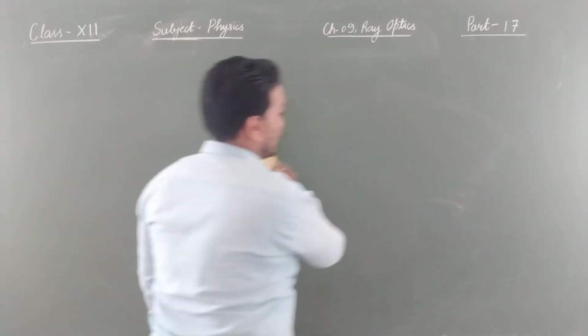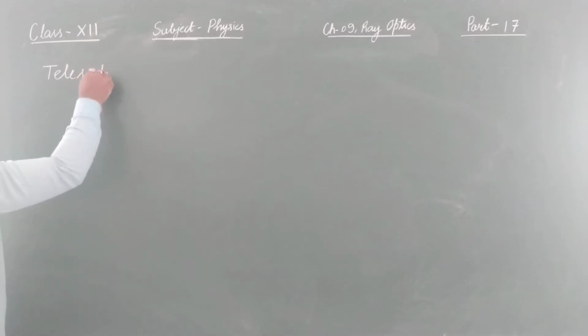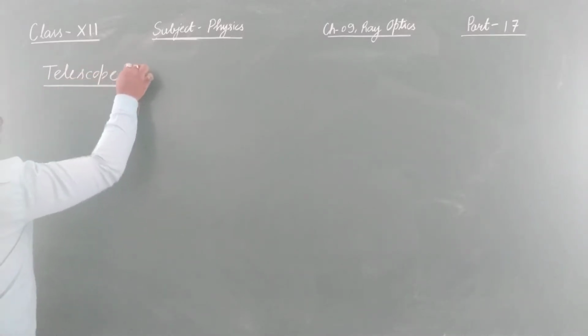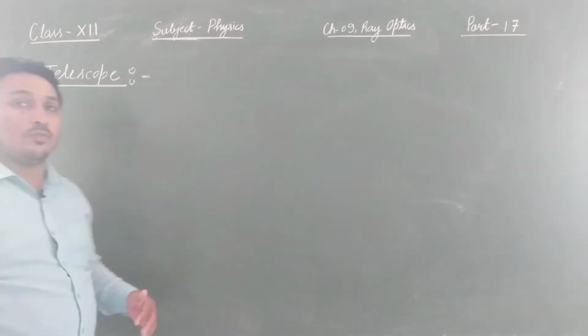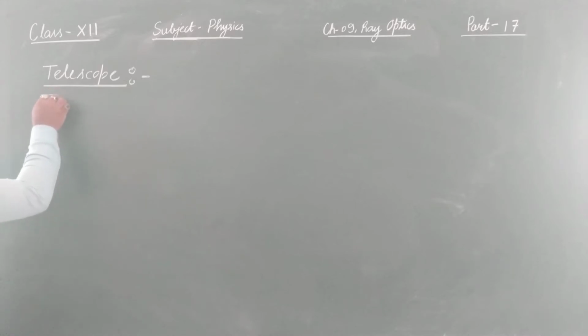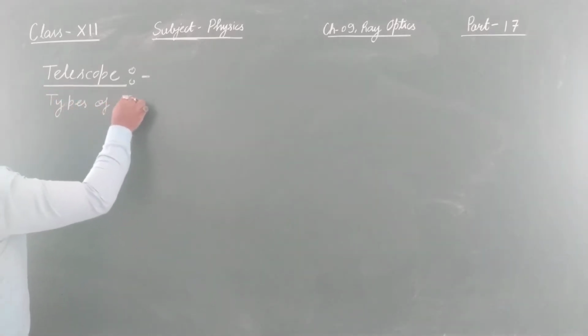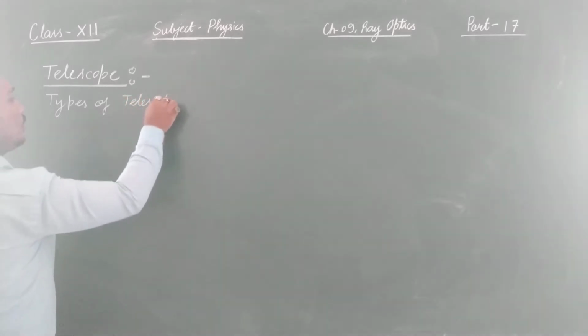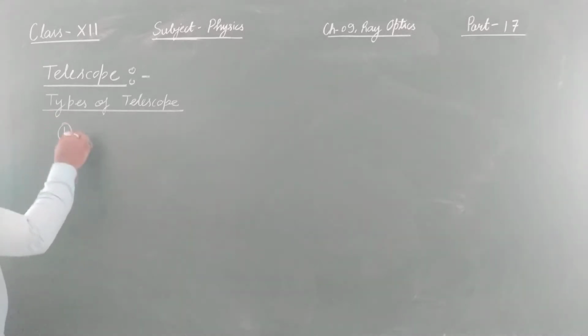So let us try to understand how many types of telescopes there are. As I have told you, a telescope is an optical device which is used to view distant objects, and it provides angular magnification. Now, types of telescope. By use we can divide them into two.